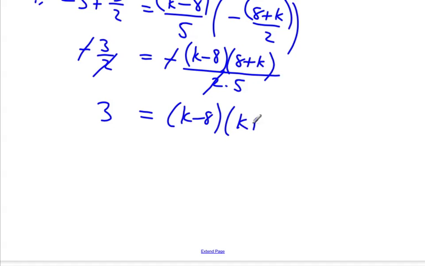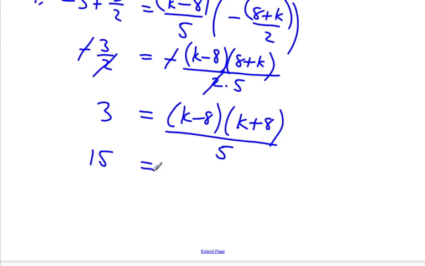And I'm going to write it k plus 8 because it's more convenient to have them both the same. And that's divided by 5. So I got rid of the 2's on either side. I got rid of the minuses on either side because they obviously cancel. And I've just turned the 8 plus k round to k plus 8, so it's similar to that one. Now that's equal to 15.